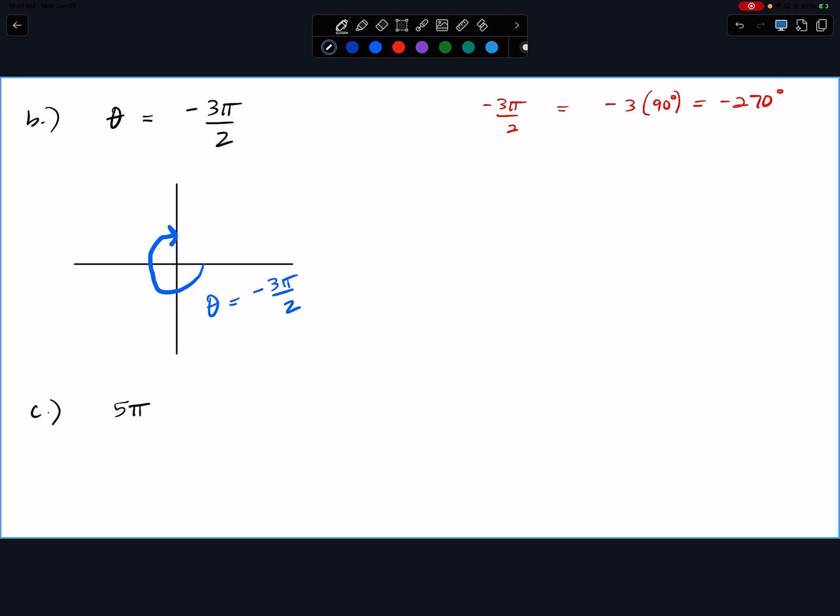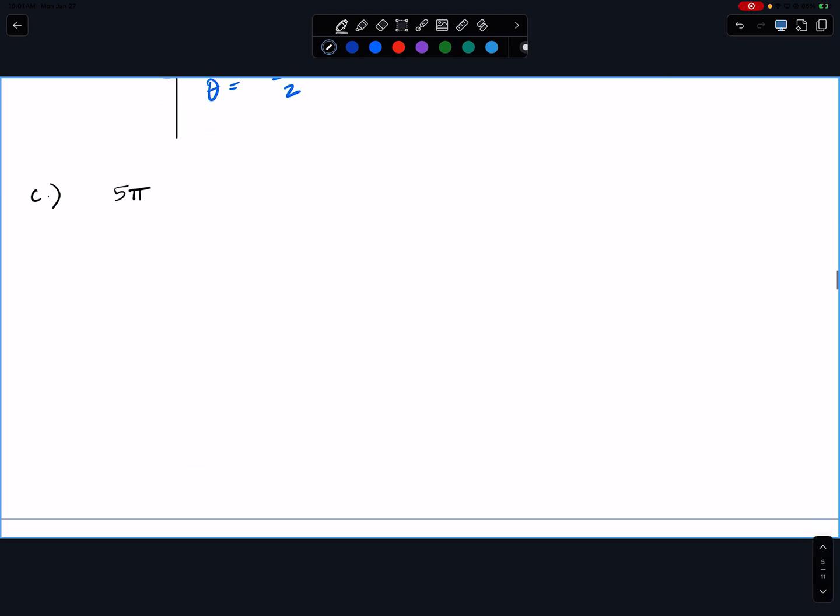Nope. What's the largest angle on my unit circle? 2 pi. So I have to think about, okay, well, this is obviously bigger than 2 pi, right? So how many rotations do I need to do?